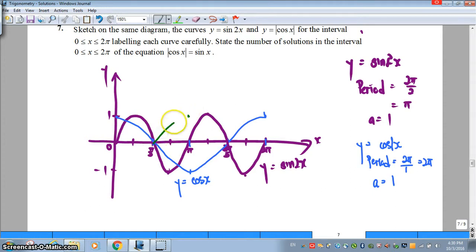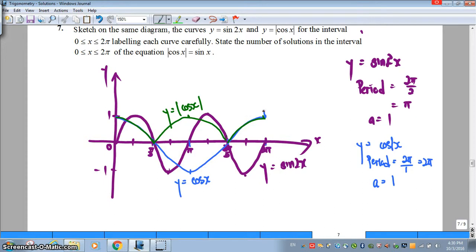So, this is what I have eventually. So, label y is equal to modulus of cosine x. And this will be your final answer itself.